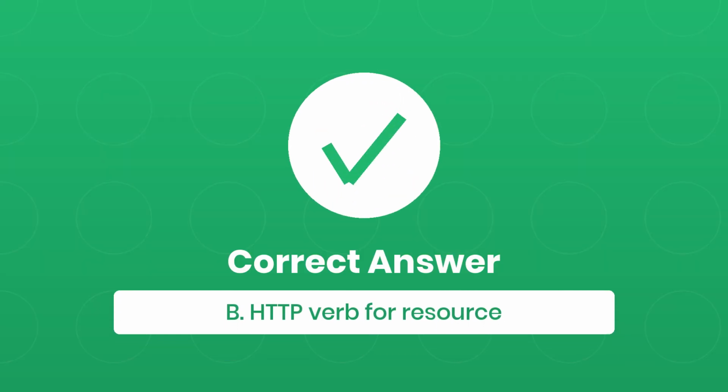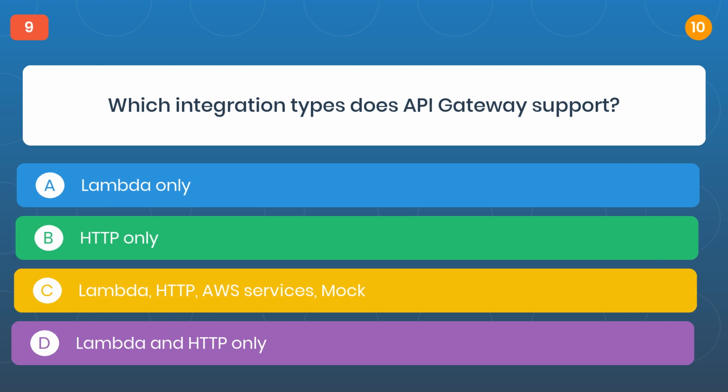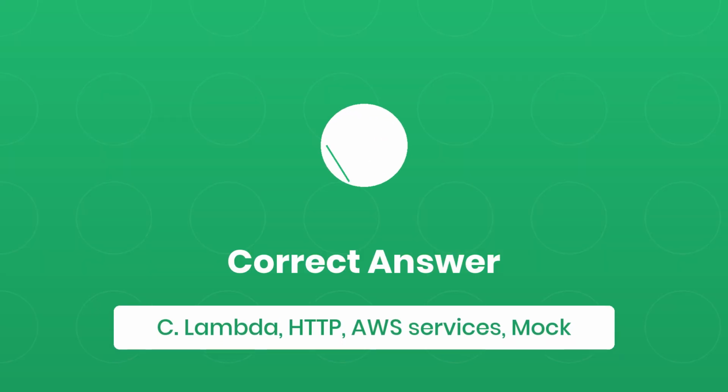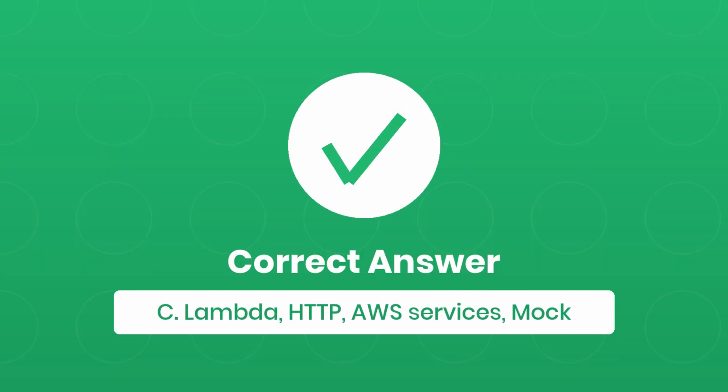The correct answer is B, HTTP verb for resource. Question 9. Which integration types does API Gateway support? The correct answer is C, Lambda, HTTP, AWS services, MOCK.